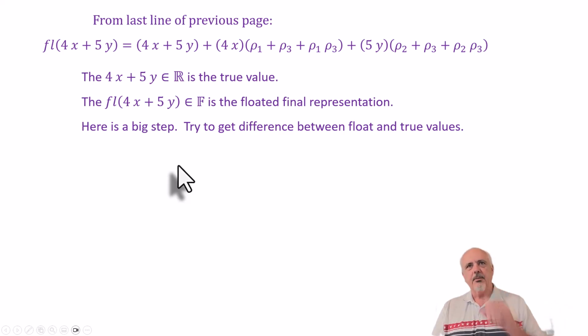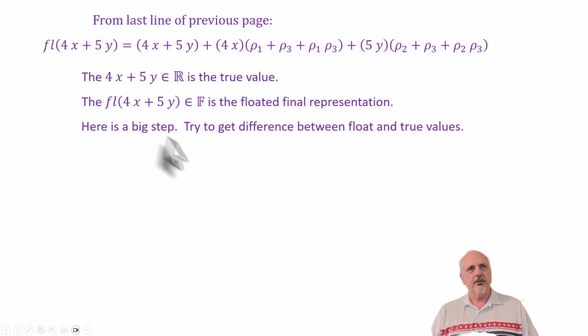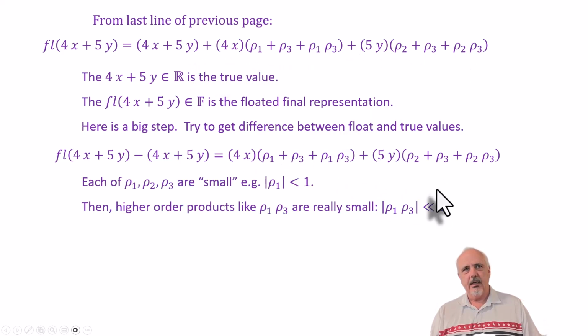So now I want to talk about a couple of big steps here, right? So I'm going to pull this over to the left-hand side. So now I've got my absolute value right there, or I'm sorry, absolute error. There's the absolute error. And then I've got the other stuff over here dangling. Let's see if we can work with that.